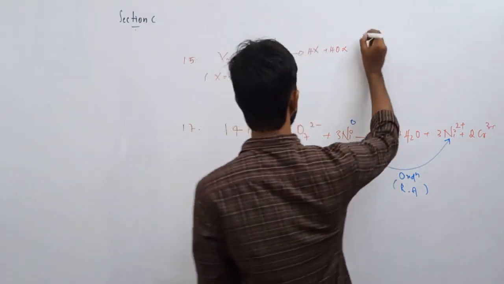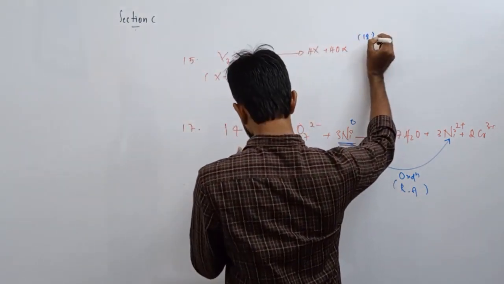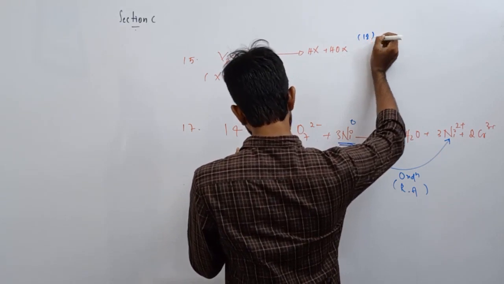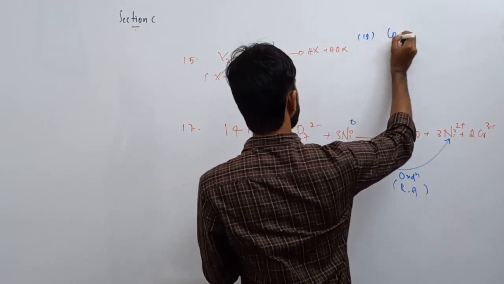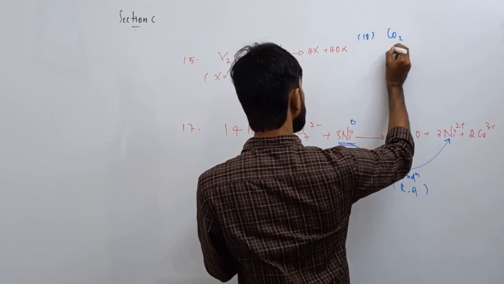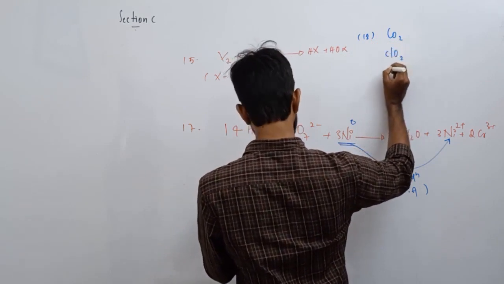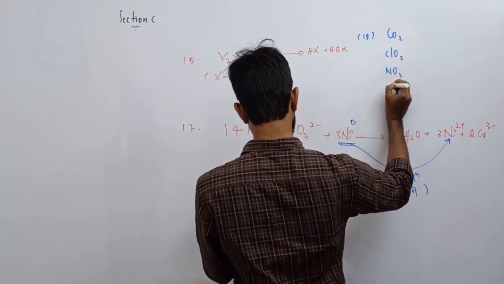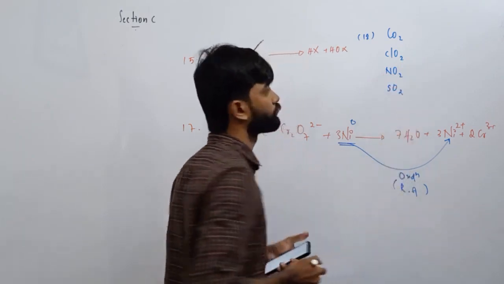Question number 18. The oxide which cannot act as a reducing agent: CO2, ClO2, NO2, SO2.